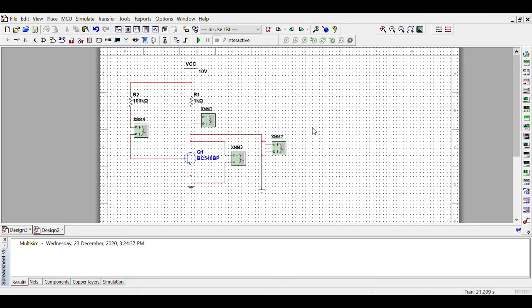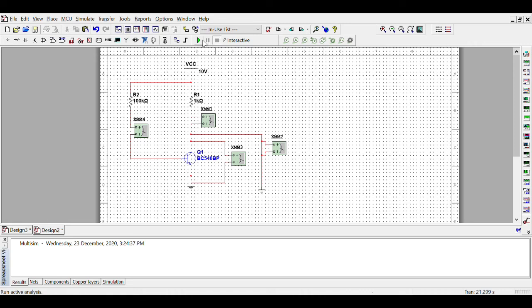Hello and Assalamualaikum. My name is Nurul Dalila. Today I will explain the circuit in part 2 and part 3. First, this is the circuit in part 2. For part 2 we want to measure the IB, IC, VCE and Vout.